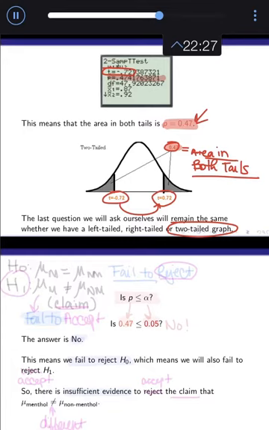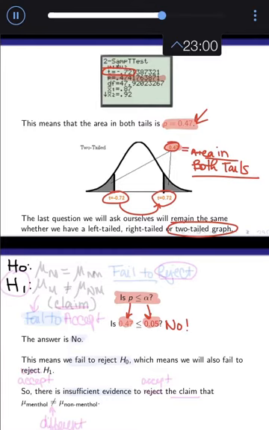After we get the p-value, though, it's the same as what we've done all along, which is p less than or equal to alpha? Well, we just said our p is 0.47, and our alpha was given in our problem as 0.05. Is p less than or equal to alpha? Absolutely not. The question is, what does this mean? Well, I need to rewrite my H naught and my H1 in order to figure that out.